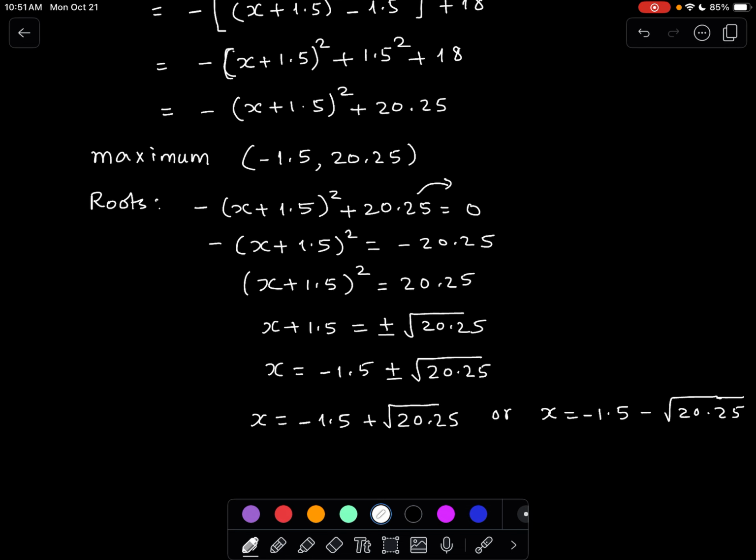Let's use the calculator. So minus 1.5 plus square root of 20.25 is going to give me 3. Or minus 1.5 minus square root of 20.25 is going to give me minus 6.